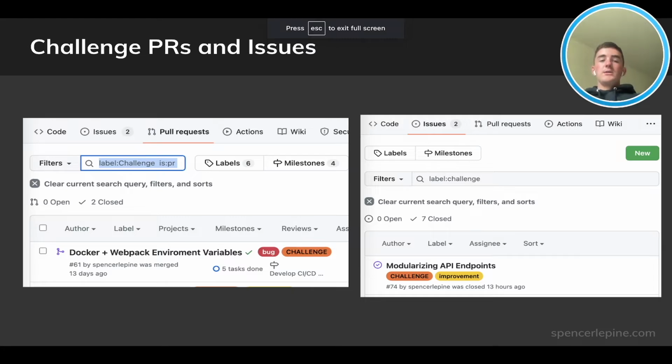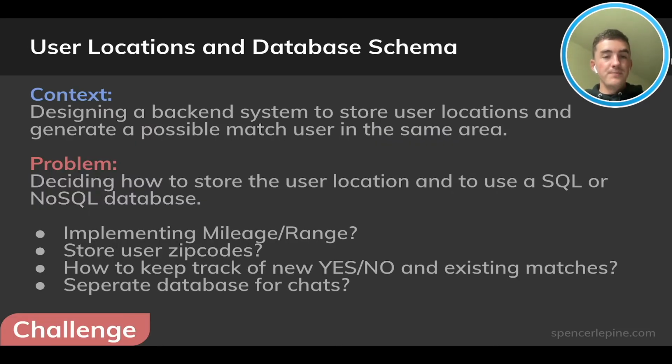So let me walk through some other challenges. I kept everything labeled with challenge or bugs in the issues and pull requests on the repository if you want to look through those. So here's the first challenge. As I was building the app, I needed to design the database and figure out how it would store user locations.